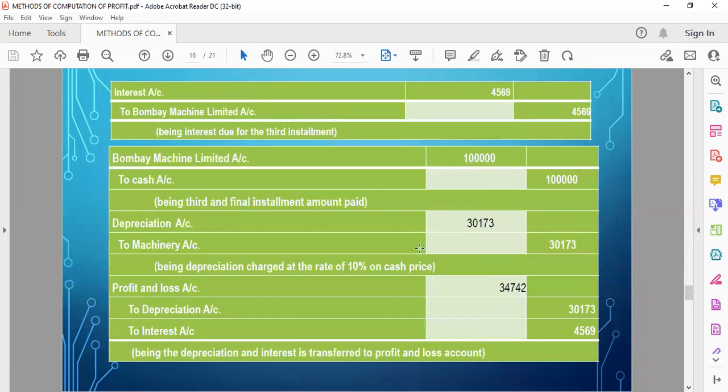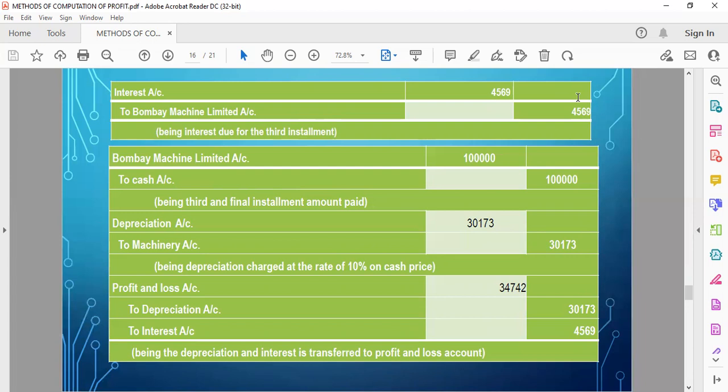Next we can see the next journal entry: interest account debtor 4,569 to Bombay Machine Limited account, being interest due for the third installment. How much is the interest? 4,569.